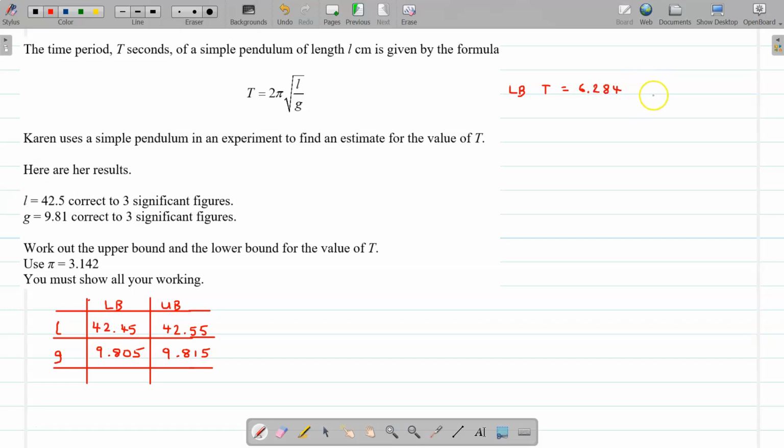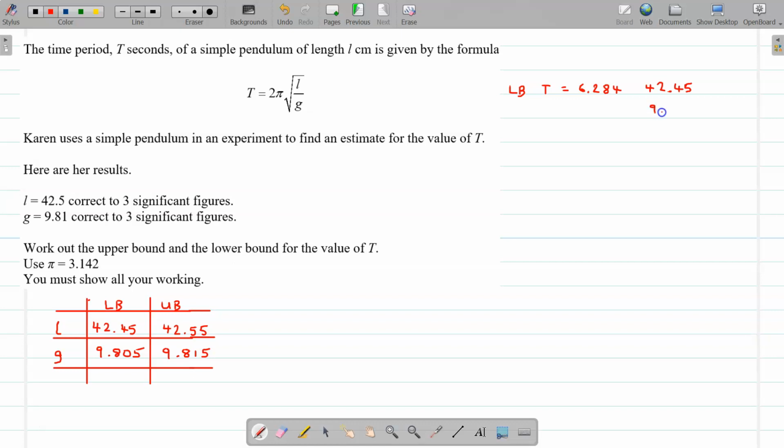Okay, and then we need to multiply it by, now to get the lowest possible value of t, we need to minimize the numerator and maximize the denominator. So what we're going to use is the lower bound of L, which is 42.45. Okay, and we're going to divide by the upper bound of the value of G, which is 9.815.